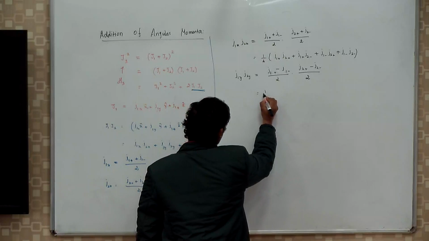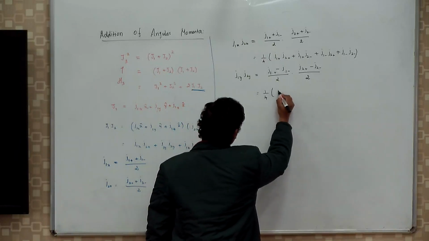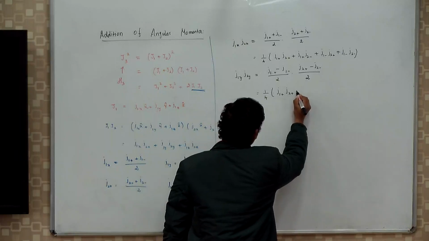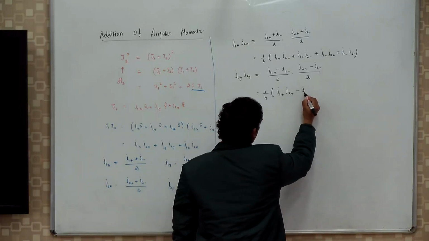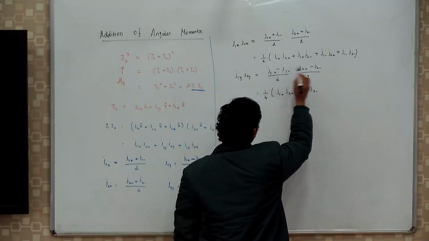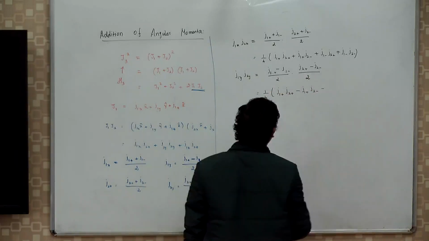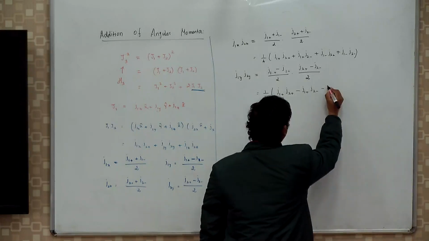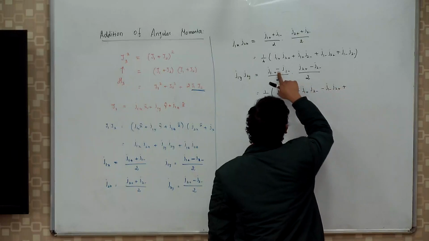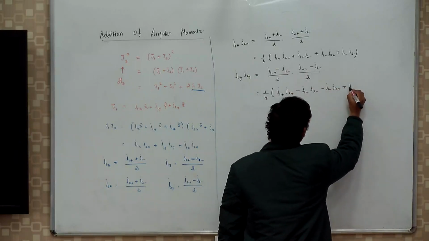Then take 1 by 4 out, then Z1 plus Z2 plus minus Z1 plus Z2 minus, multiplying these two, and again minus Z1 minus Z2 plus, then plus because two minuses are there, so Z1 minus Z2 minus.